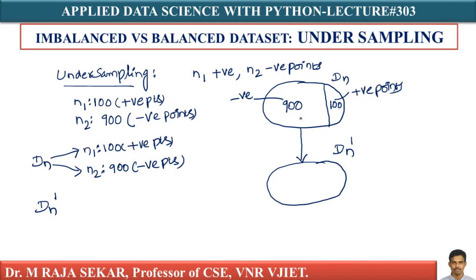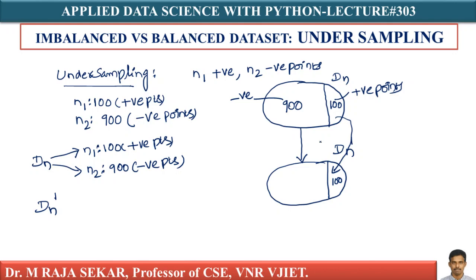What about the other partition? 900 negative points. I will copy all the 100 positive points into my Dn dash. Just let me copy those 100 data points. I am copying these 100 data points of Dn into Dn dash using undersampling.